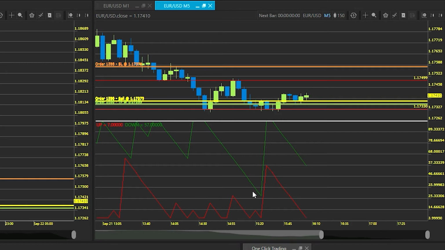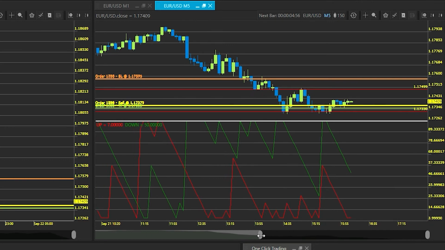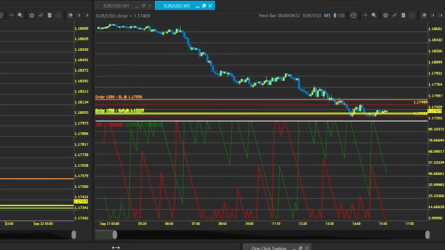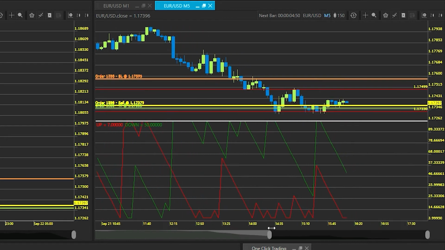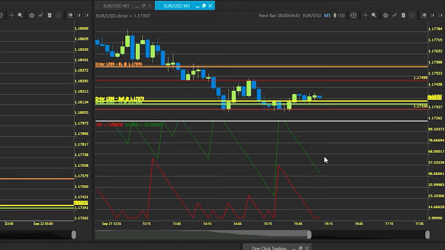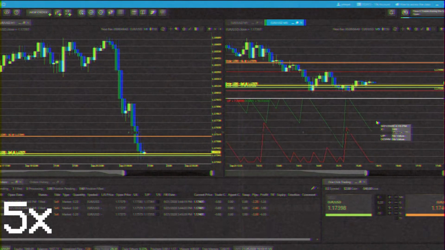But again, I'm not terribly worried about these sells that I made because the trajectory is firmly downward. As I said in the beginning, this indicator is primarily useful for mid to long-range trading. So I'm not expecting to collect these pips super fast. All of this is to say, don't worry.